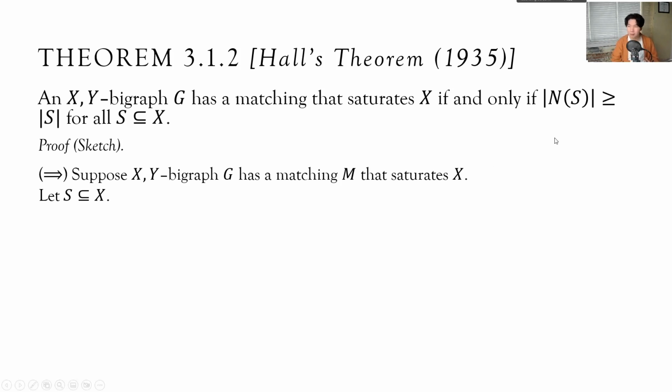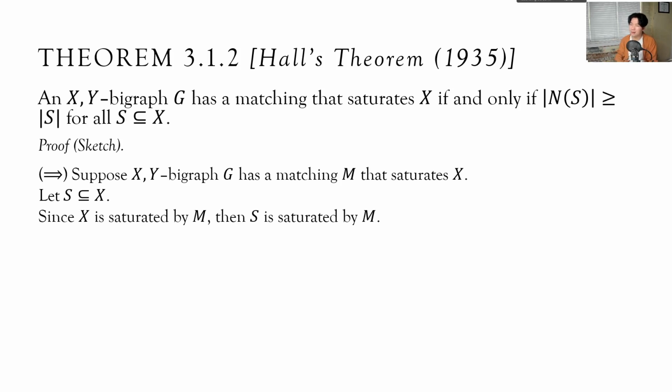If I want to prove this forward direction, I need to show that this inequality does occur. Since X is saturated by M, then S is saturated by M. Remember, S is a subset of X, so if X is saturated, S needs to be saturated as well.